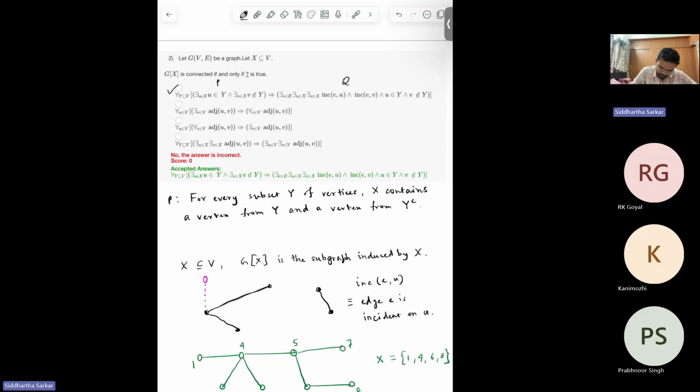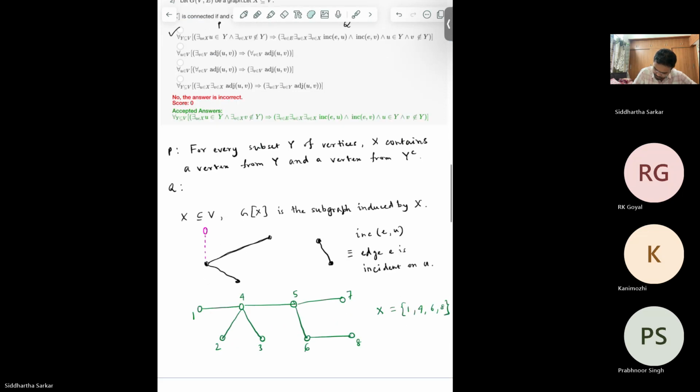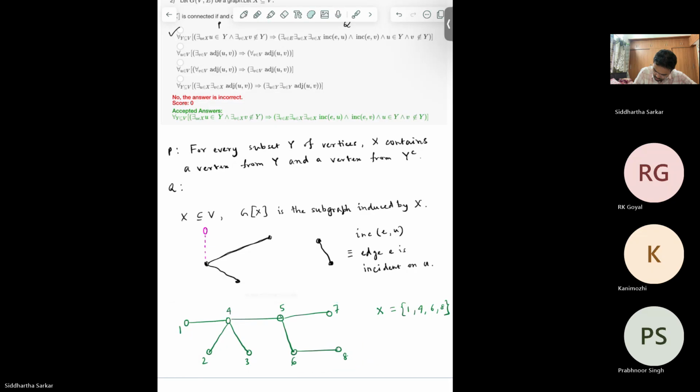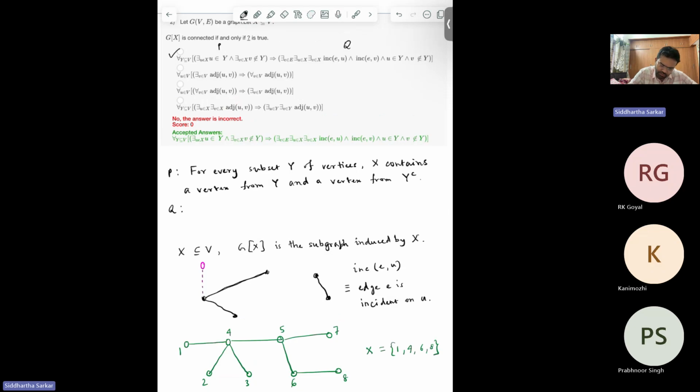So X is given to you. So what does this right hand side statement mean? Okay, there are three existential signs: there exists, there exists, there exists.